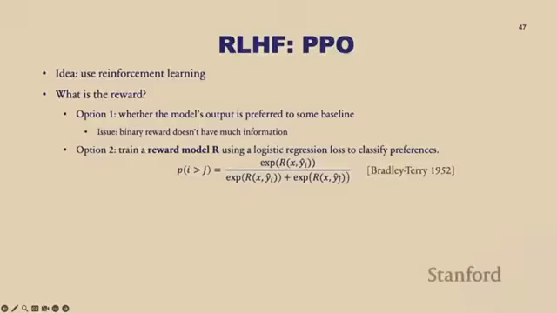You train this reward model to be able to classify how much better one output is than another. Another slightly less convoluted way of saying it is that your reward model will output some reward that will be used as the logits of your softmax. So if you have high logits in your softmax, it means that this output is highly likely to be better. That's what we call the Bradley-Terry model.